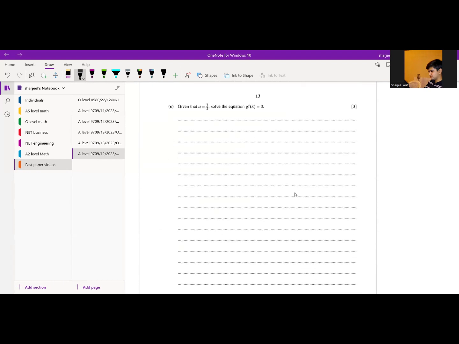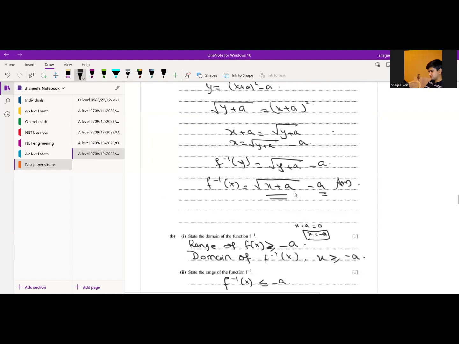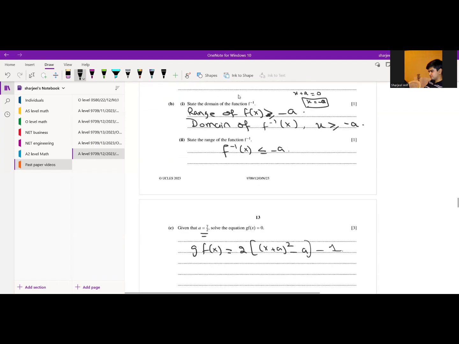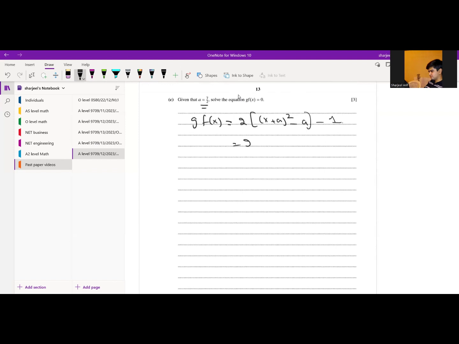Now we have to find g of f(x). We have to find the value of a if g of f(x) is equal to 0. So g of f(x) is equal to 2 into (x plus a) whole square minus a, minus 1. We have to replace the value of x in g(x) with the value of f(x). So this is equal to 0.